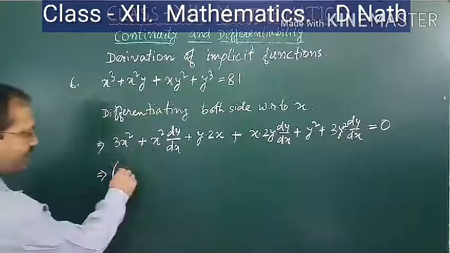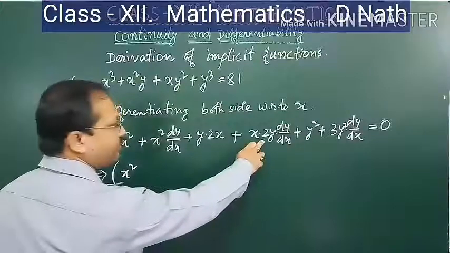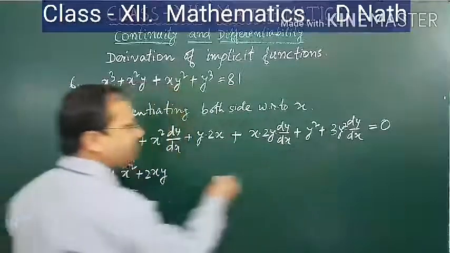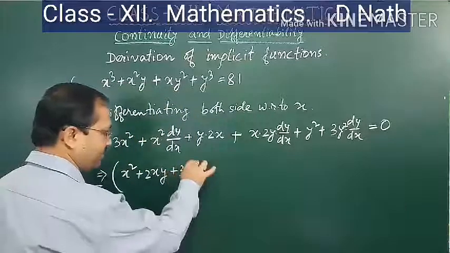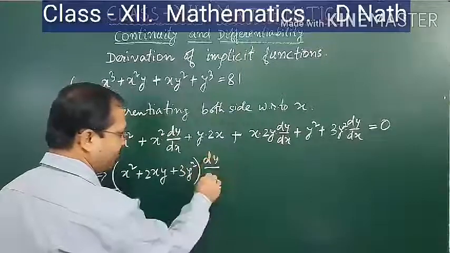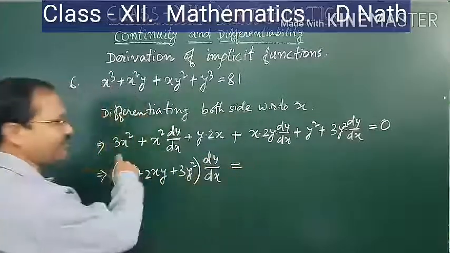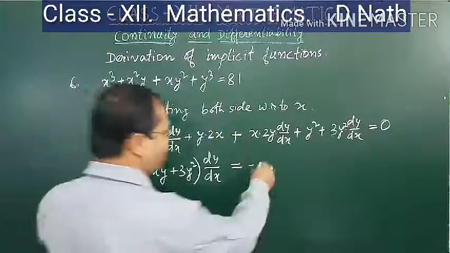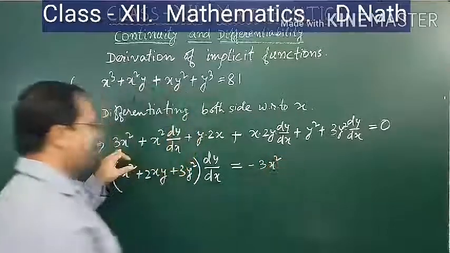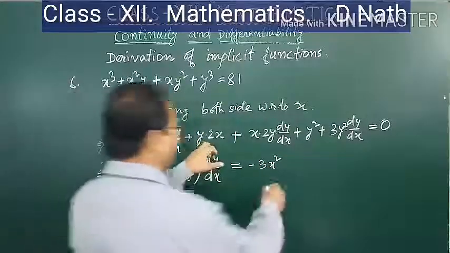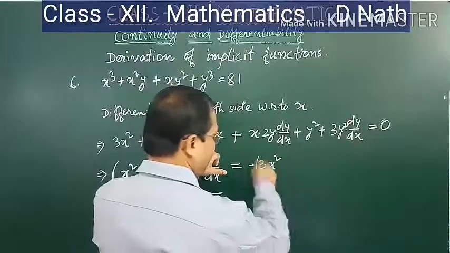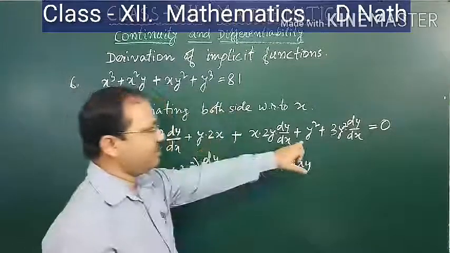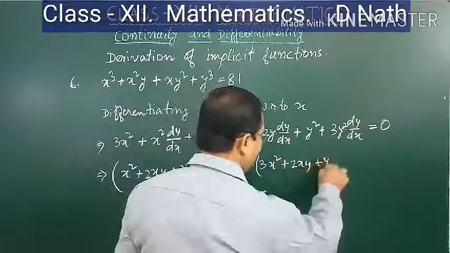Here it is x square, here it is 2xy, here it is plus 3y square into dy dx, is equal to, now other terms we have to shift to the other side, so it is minus 3x square, this term is also there, 2xy, so minus we will give and plus 2xy, and then the y square term, so plus y square.